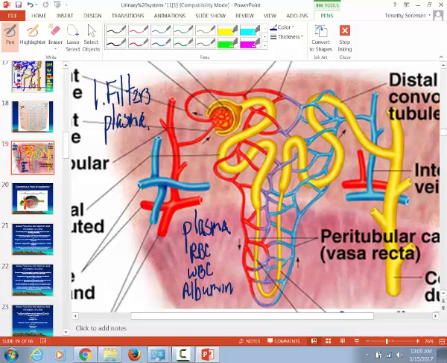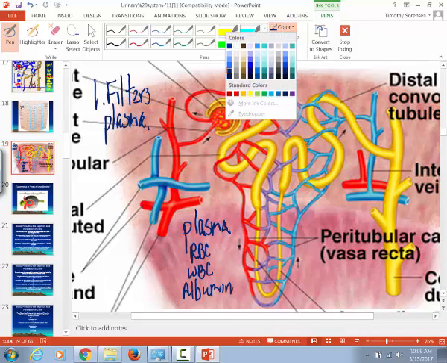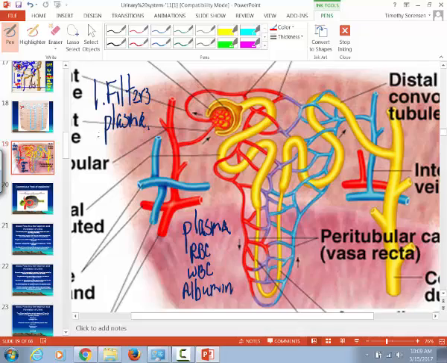You got me? So the job of the nephron is to filter all of the plasma, and then as that filtered plasma goes through the yellow brick road, the nephron decides what it's going to put back into the blood. So one of the processes that happens in the nephron is that the plasma is filtered.